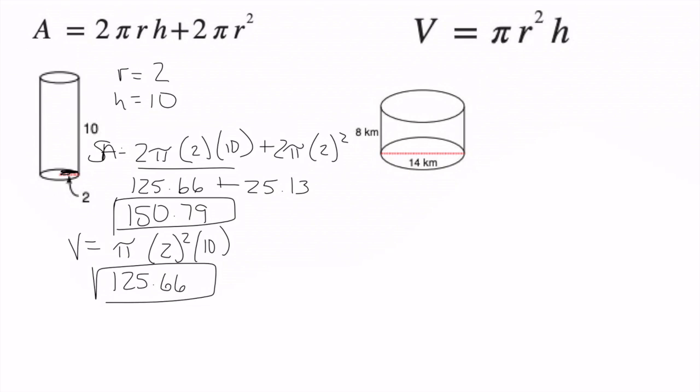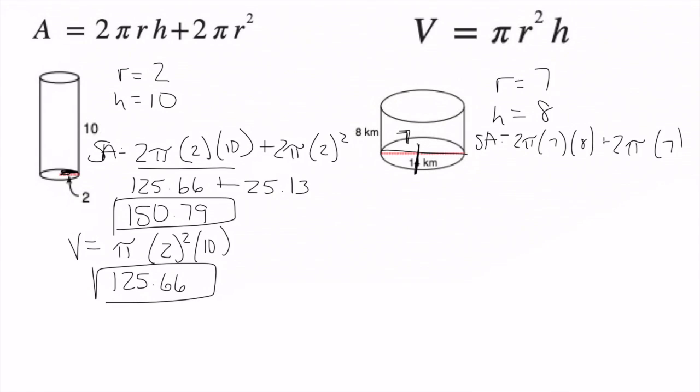So for this one, our radius is going to be half of this. So half of 14 will give us a radius of 7 with a height of 8. So our surface area is going to be 2 pi times our radius of 7 times our height of 8 plus 2 pi times our radius of 7 squared. That would give us 351.86 for this piece plus 307.88.